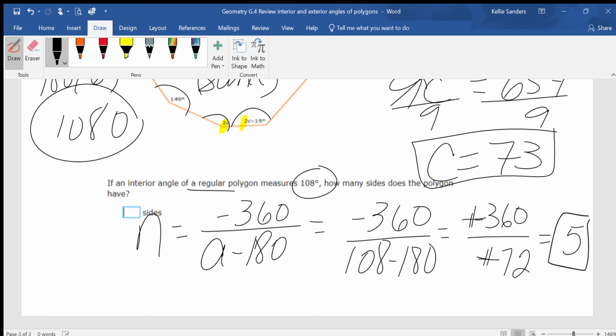There would have been 5 sides. Now, I'm saying that's the answer, but just since it's been a little bit since I've done this problem, I'm going to make sure.